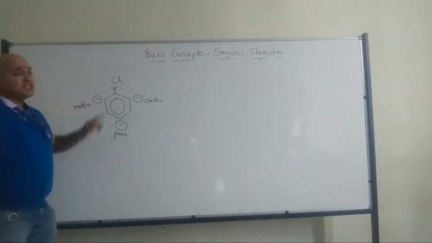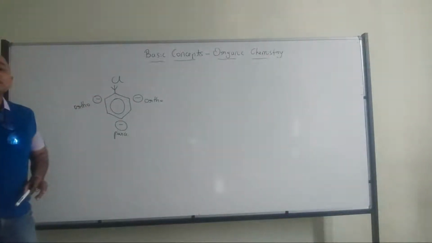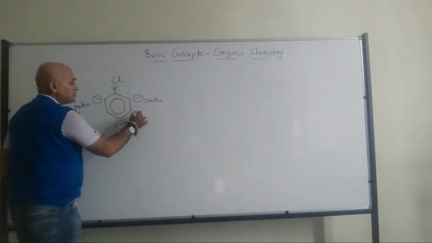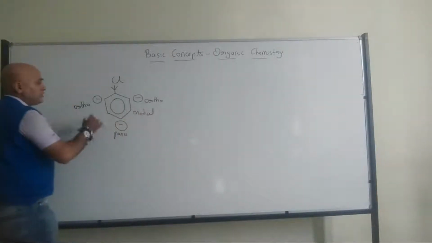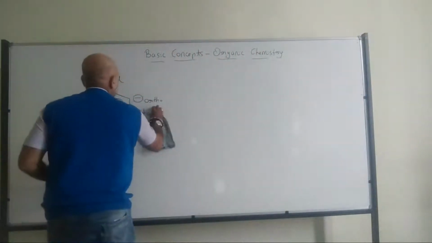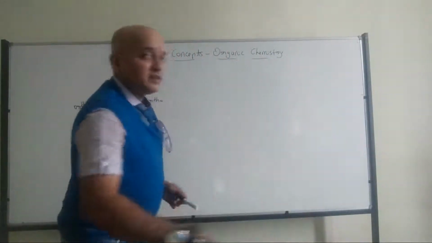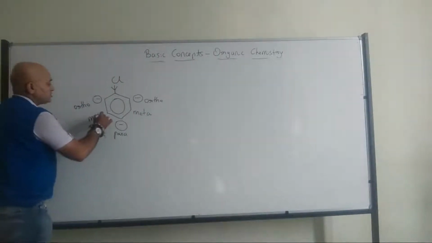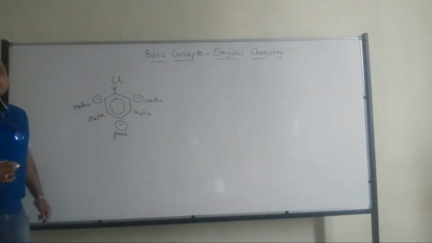When we have a condition where positive resonance is going on, naturally at meta position, there is no electron density. Right? So that's what we can observe when it comes to positive resonance.